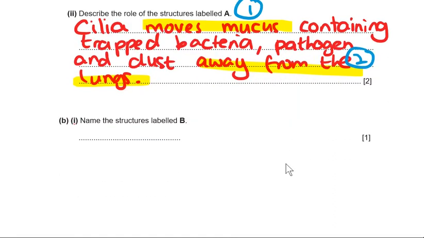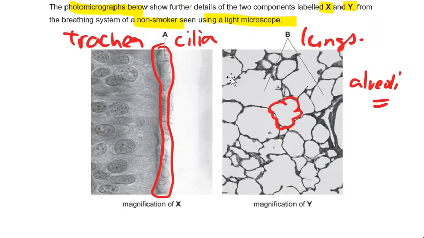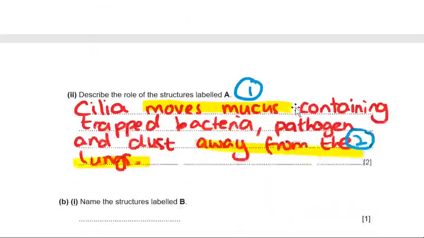Okay, last question is name label B, and we have already determined when we look at that question that those are the alveoli.